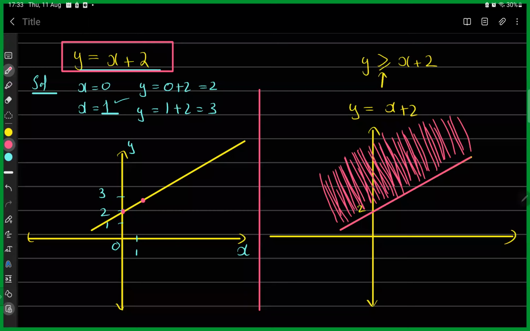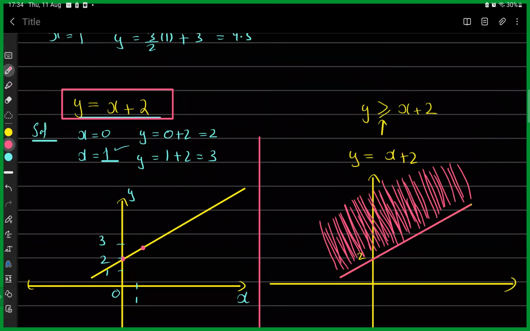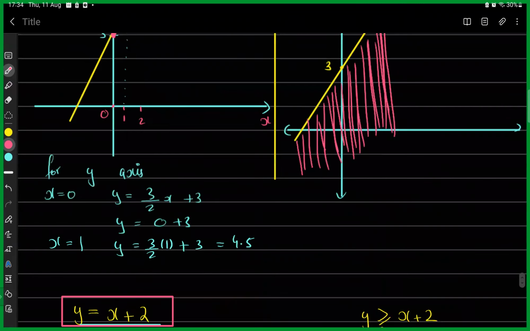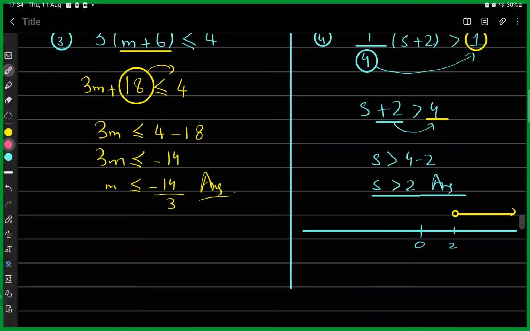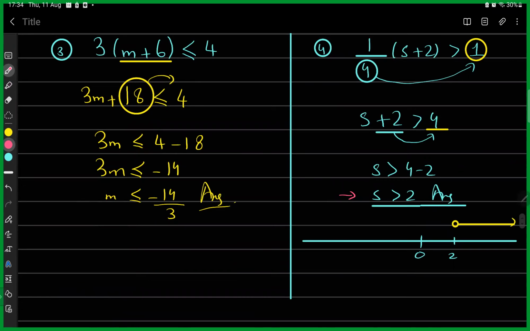If it was y is greater than x plus 2, in that case, I would have made a dotted line, just like what we have discussed for simple inequalities. When it was s is greater than 2, I made a hollow circle at 2 to represent that it's starting off from 2, but 2 is not included.